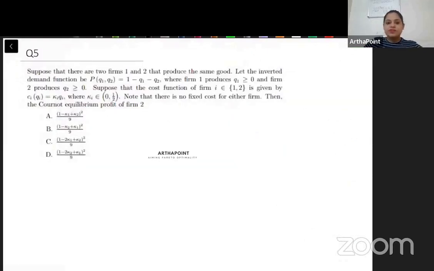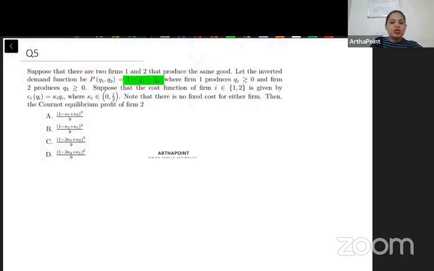This is easy. It says, suppose that there are two firms, 1 and 2, that produce the same good. Let the inverse demand function be this.